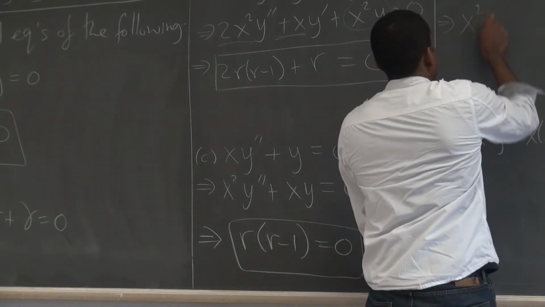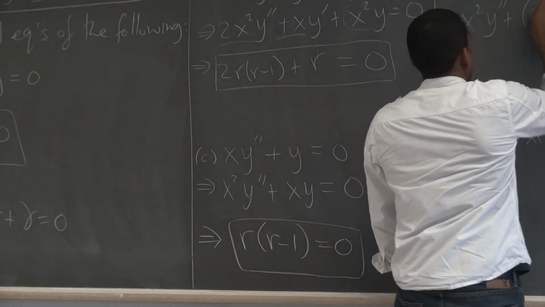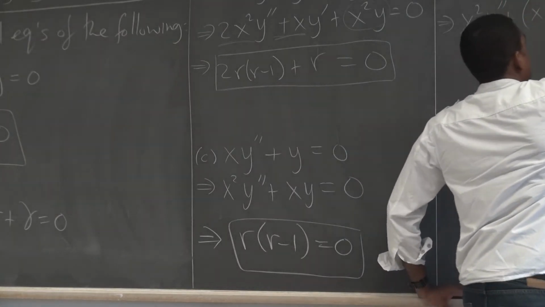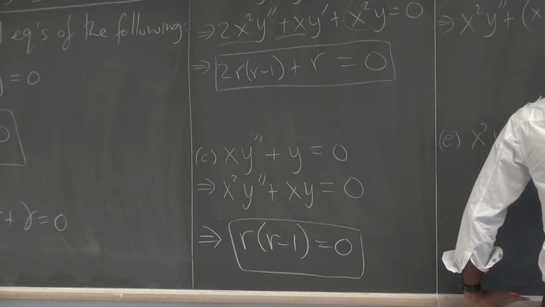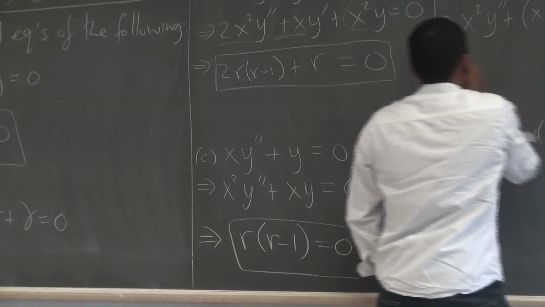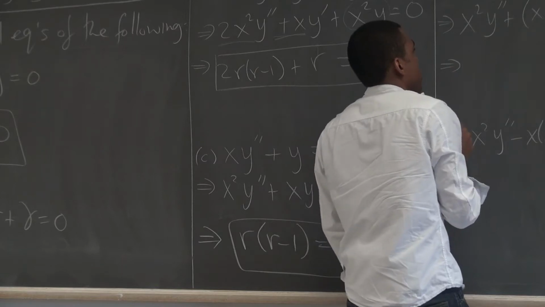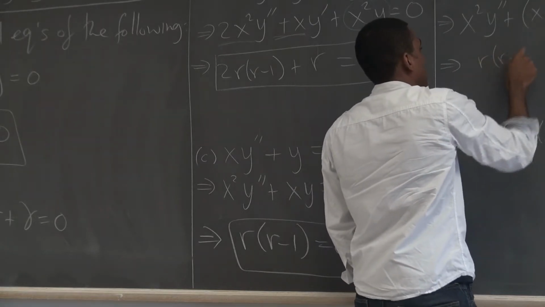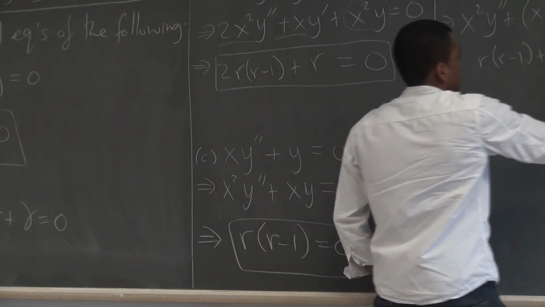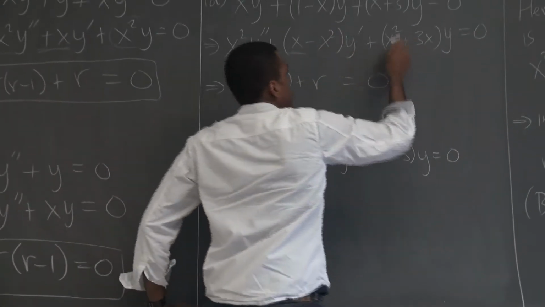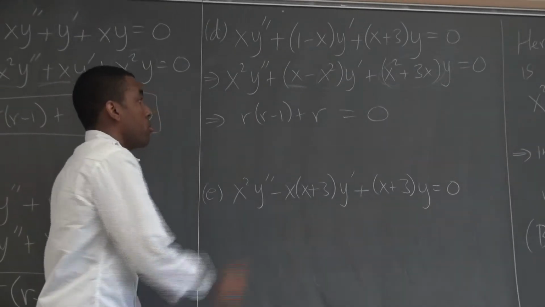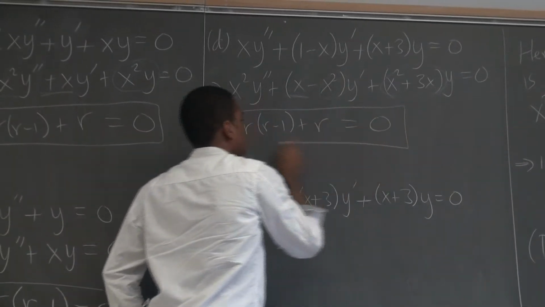Multiply by x, get x squared y double prime plus x minus x squared y prime plus x squared plus 3x y equals 0. The initial equation is 4 times r minus 1 plus r. Right. This guy's okay. He messes up. All of this messes up. You just ignore them. That's your initial equation.